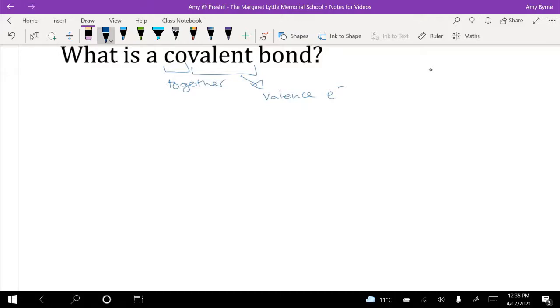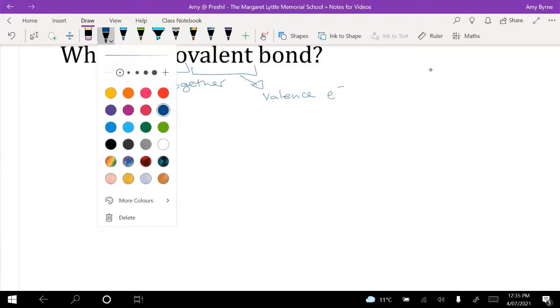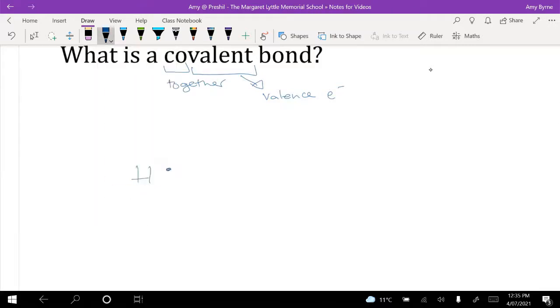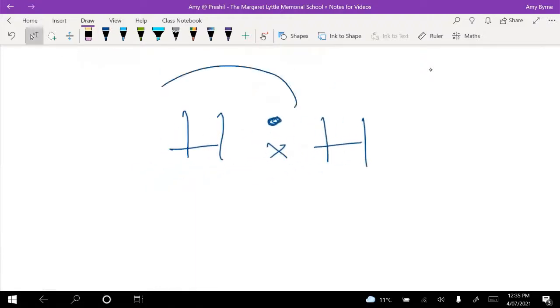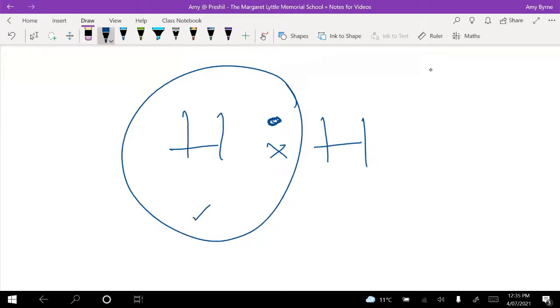So let's pick the simplest, the very first covalent bond that's formed, which is between this hydrogen atom and this hydrogen atom. Now, my hydrogen atom on my left has access to 2 electrons, so it's happy.